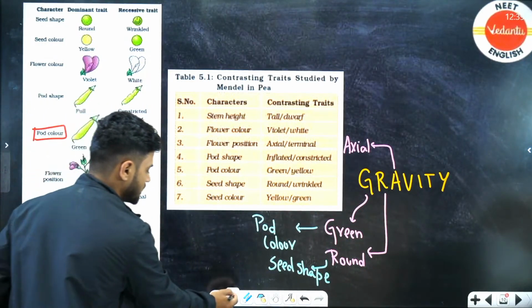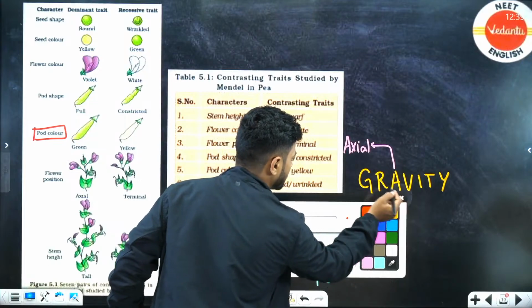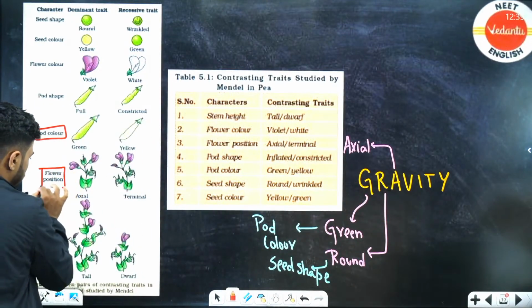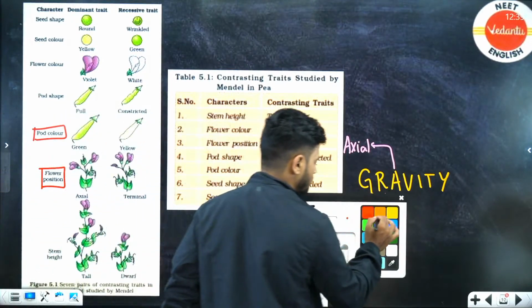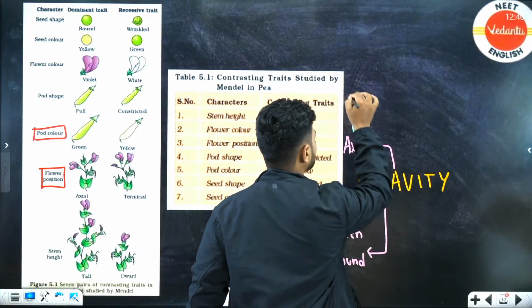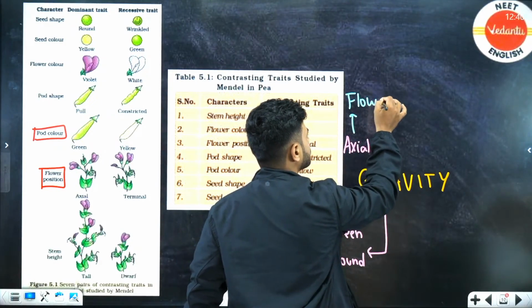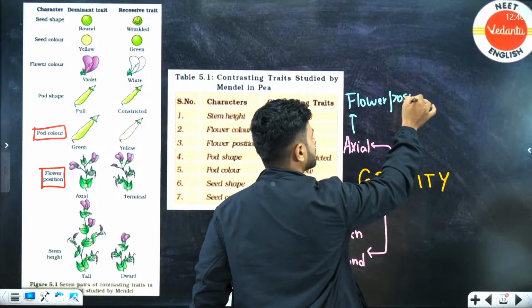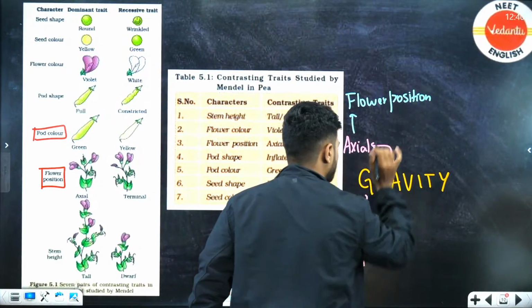Can you see here? That is going to be your flower position. Now next, V.